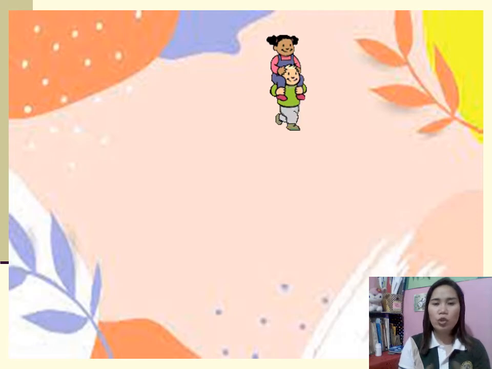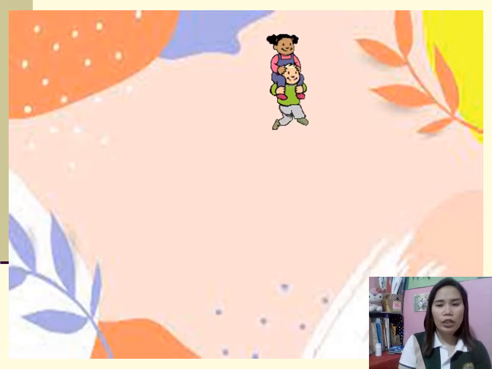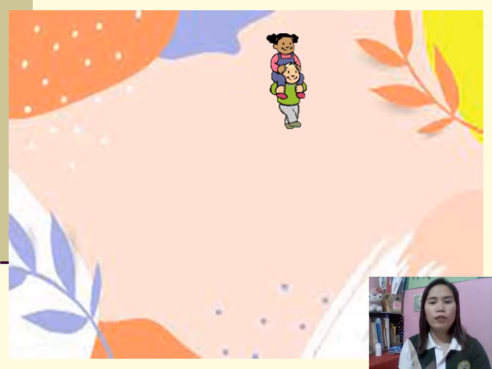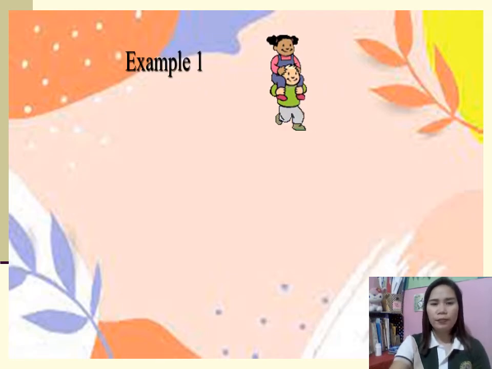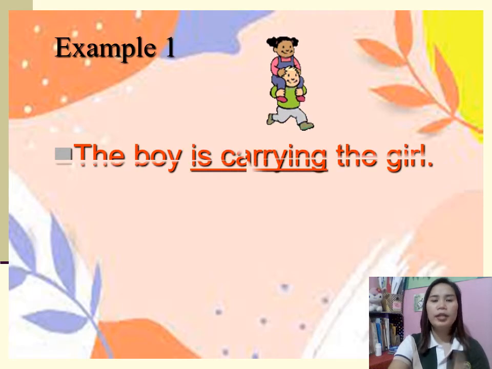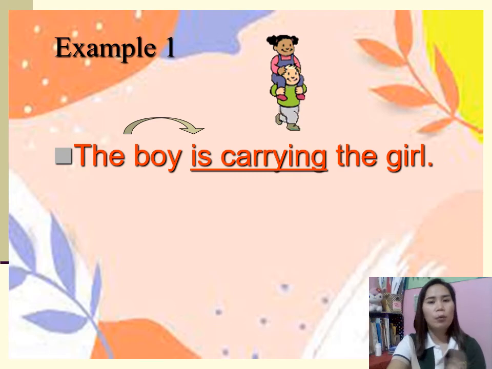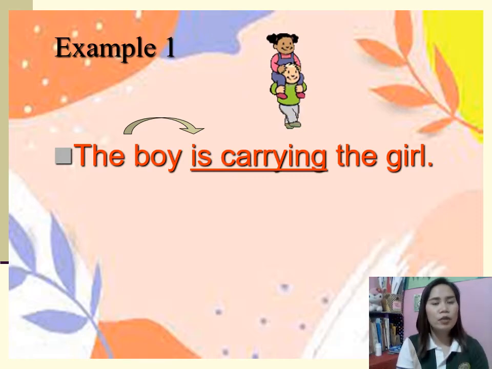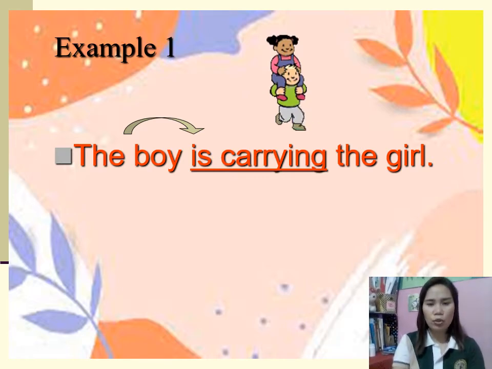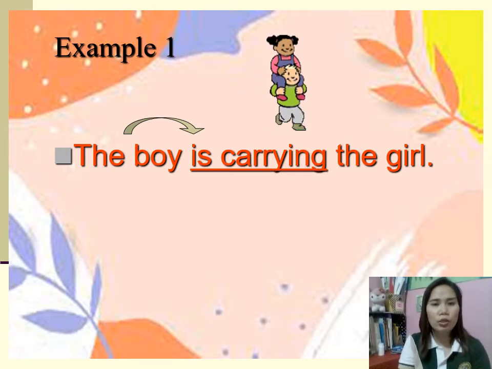Okay, now let's try to change active into passive form and passive into active, and vice versa. First we have example number 1. The boy is carrying the girl. So the boy is the subject, is carrying is our verb, and the object is girl. So in sentence number 1, the boy, which is the subject, is the doer of the action, the one who performs the action.